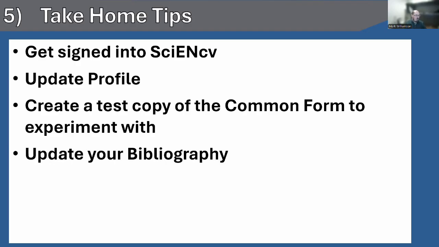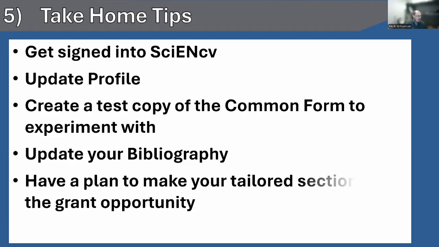You should also update your bibliography in something like My NCBI, so your papers that you might reference as your products are available, or if you need to manually enter things, you have it there so you can get that for grant applications. And certainly have a plan to make your tailored sections fit the grant opportunity, to not sleep on that underutilized opportunity to show NIH that you're the right person for the job.